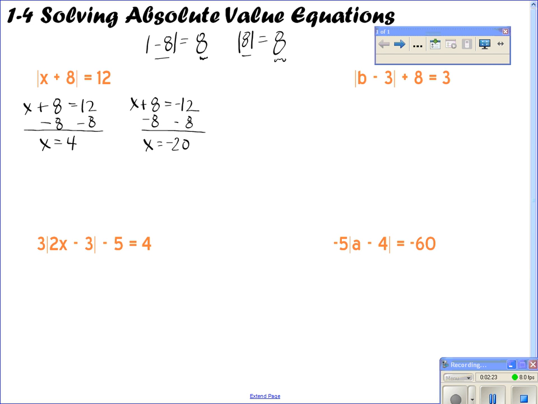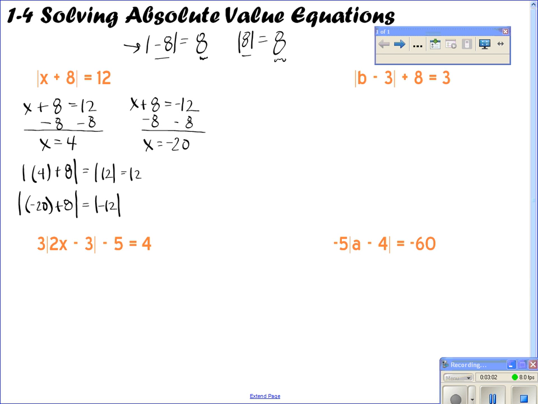Now the reason we get 2 answers is because of what we talked about up here, and we're going to show that. So if we have the absolute value, and if we put this 4 in for x, we get the absolute value of 12, which is 12, which is what we wanted. But the -20 also works. And this whole checking process, you don't need to do in the homework. I'm just showing you why you get 2 answers. If you put -20 in, you get a -12.